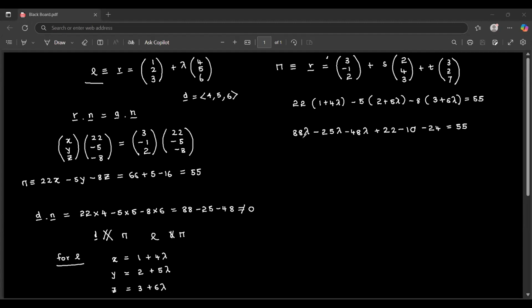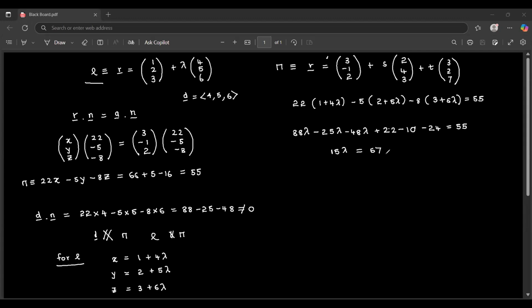So this will be 15 lambda equals 55 plus 24, 79, 79 plus 10, 89, 89 minus 22 will be 67. Shall we check? Yes, it will be 67.